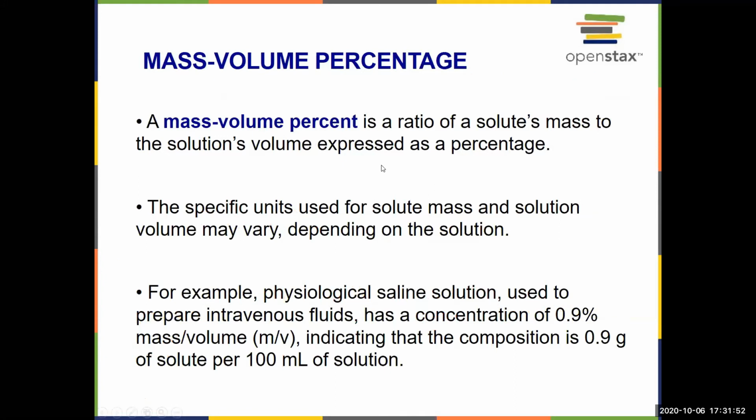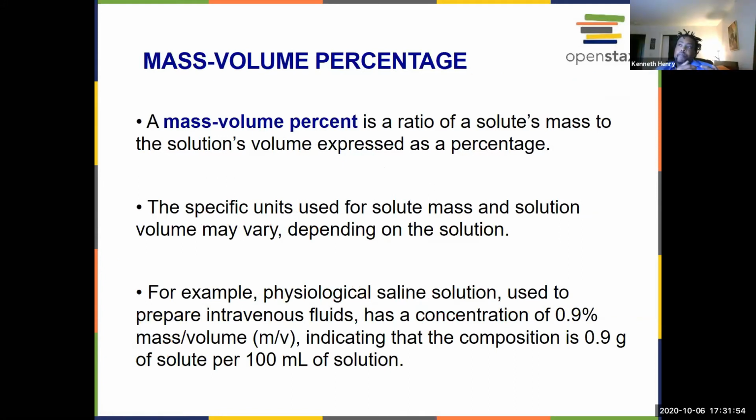Okay, so we can also have what we call mass volume percent. Mass volume percent is just that. It's mass divided by volume, and you multiply it by 100.